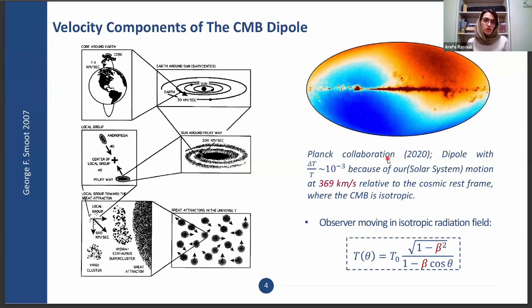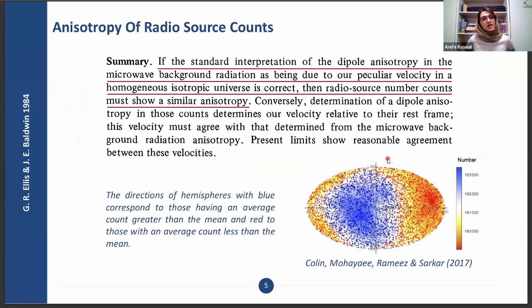This velocity includes different components. As an important example, the Sun is in motion relative to the Milky Way in the opposite direction of the CMB dipole that we observed. As a result, the combined motion will create a velocity around 600 kilometers per second for the local group in the CMB rest frame.